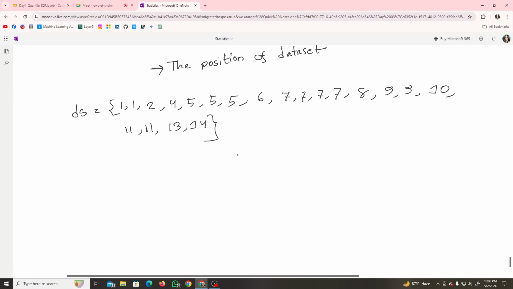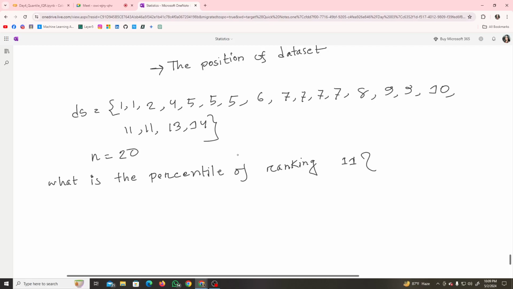So the total number in this data set is 20, so n equal to 20. If I ask you what is the percentile of ranking 11, how you will get the answer?